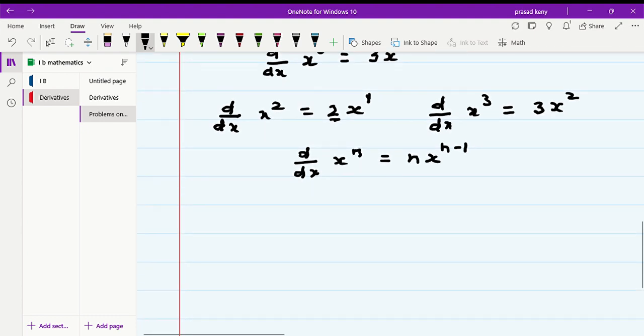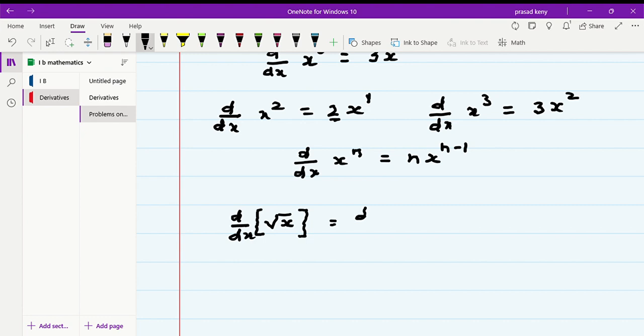Just as an example, suppose you want to find out derivative of square root of x. See, this formula I can also apply to the powers which are not whole numbers.